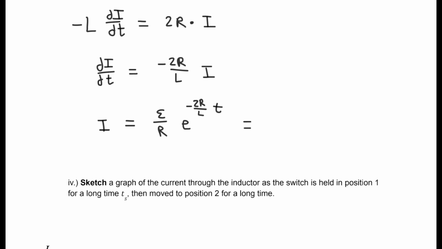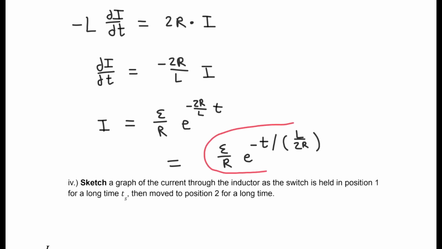But just to show what the tau would be equal to, I'll write this in the more common form that we'd actually write it in, even though it looks stranger. So I'd write this as e to the negative t divided by L over 2R. Just so we could see that sort of L over R time constant up there, I just wrote the entire constant in the denominator. That's totally equivalent, but this is just showing that time constant.